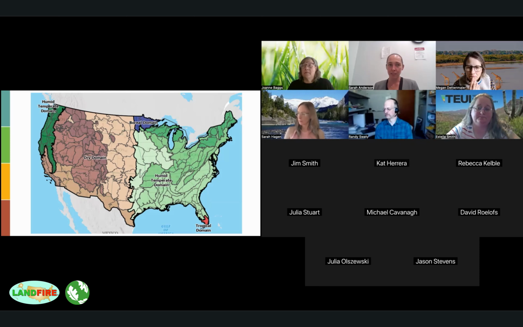And that's part of the reason I'm very excited about some of the finer scale mapping that was unfortunately going on, or fortunately, either way, kind of two sides of the same coin, while we were doing these updates. Much of that finer scale mapping work at the land type association level, the land type level, and the land type phase level is able to zoom into a landscape and better characterize it.